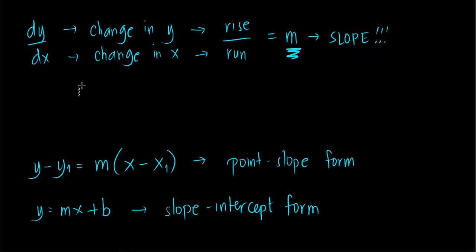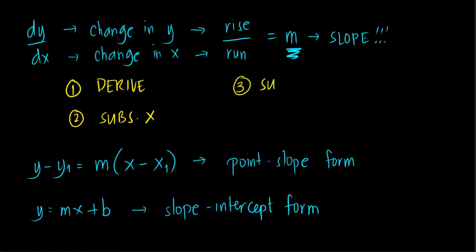So, let's see here. Step 1, derive. Step 2 is to substitute x. And step 3 is to substitute with the point slope form.